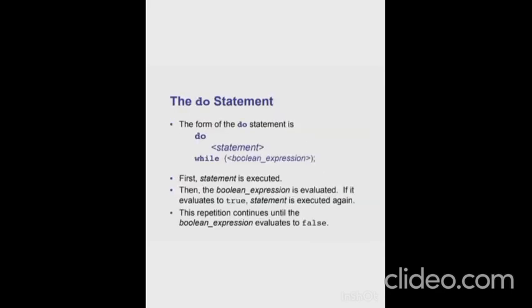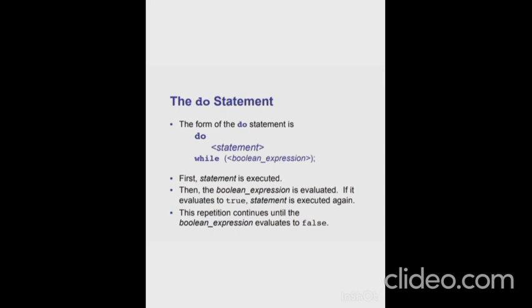Next, the do statement. The opposite of the while statement is the do statement. The form of the do statement is: do <statement> while (<boolean_expression>); First the statement is executed.